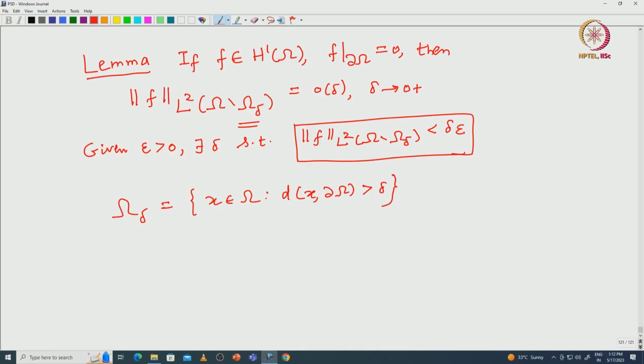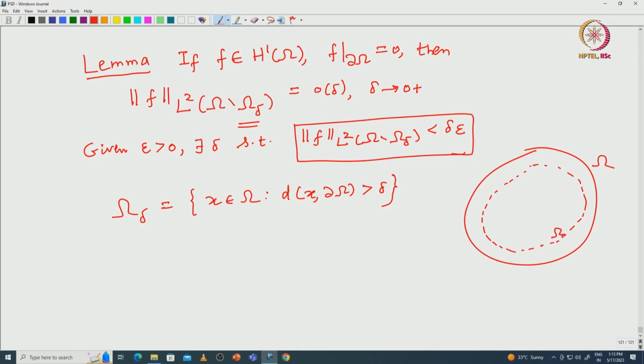For example, if this is omega, with concentric circles or spheres, this is omega delta and this distance is delta.